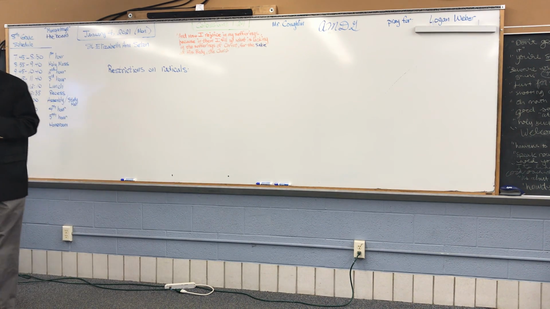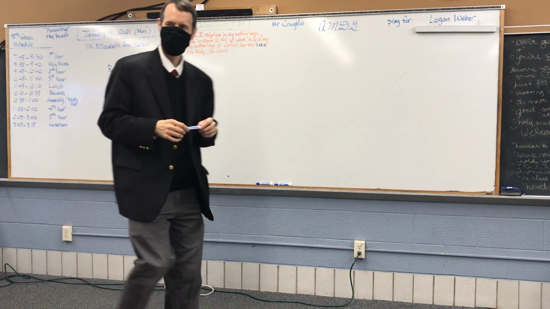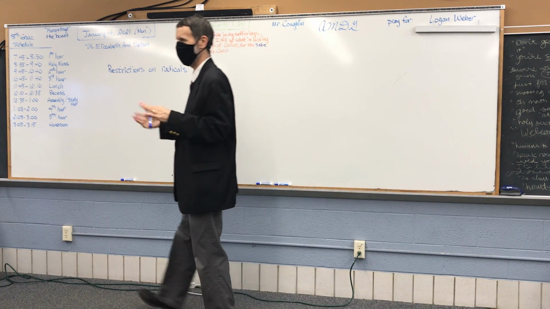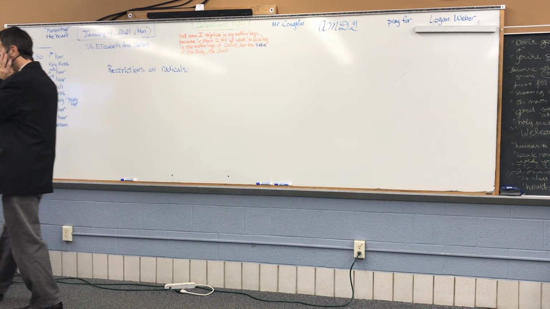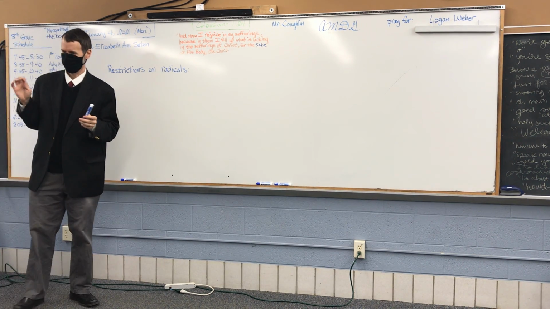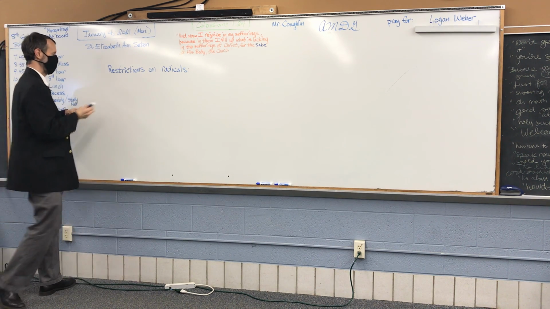Now, for the past chapter or so, we've played with restrictions as being things in the denominator where you can't have the bottom equal to 0, which is still true. You can never divide by 0. However, there's a new type of restriction we're going to have to deal with in radicals.